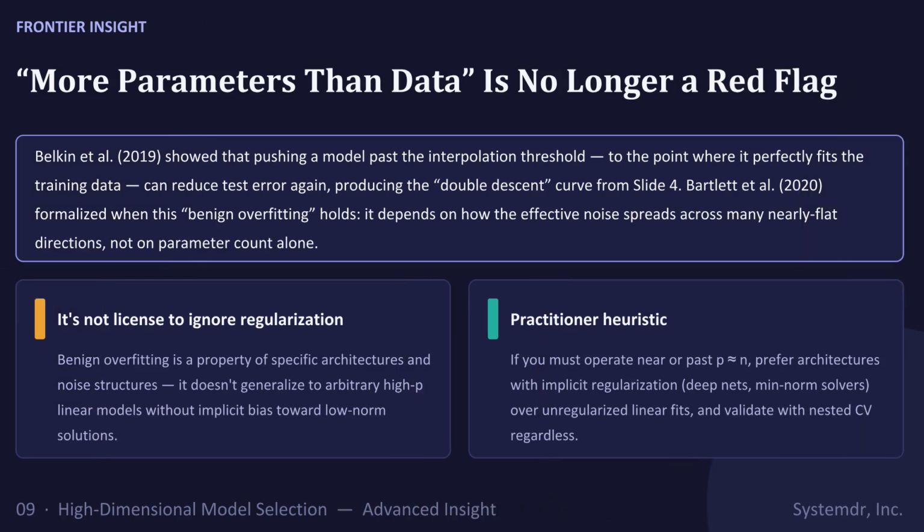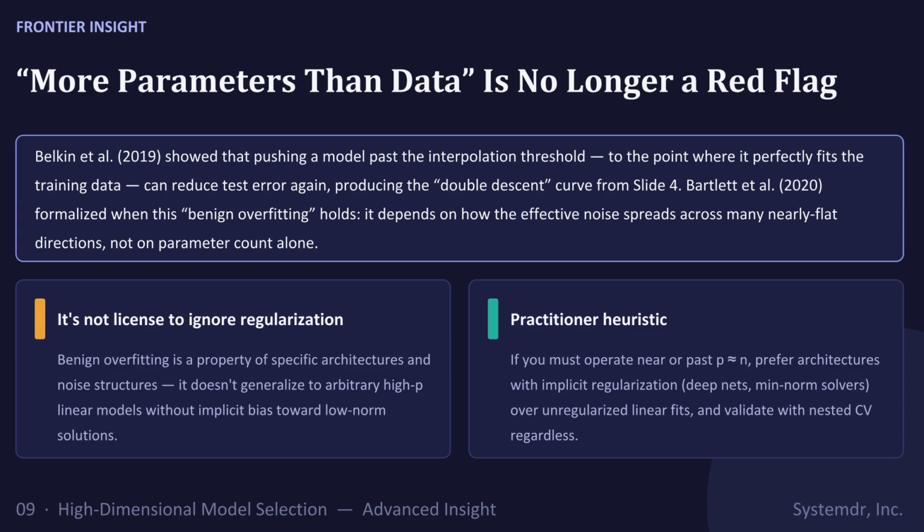We opened this module by treating more parameters than data as a warning sign. Let's complicate that a little, because this is genuinely where current research is pushing. Belkin and colleagues' 2019 double descent finding, the curve we looked at on slide 4, and Bartlett and colleagues' 2020 formalization of what they call benign overfitting, together show that certain overparameterized models, including some overparameterized linear regressions, can generalize well even when they perfectly interpolate noisy training data.